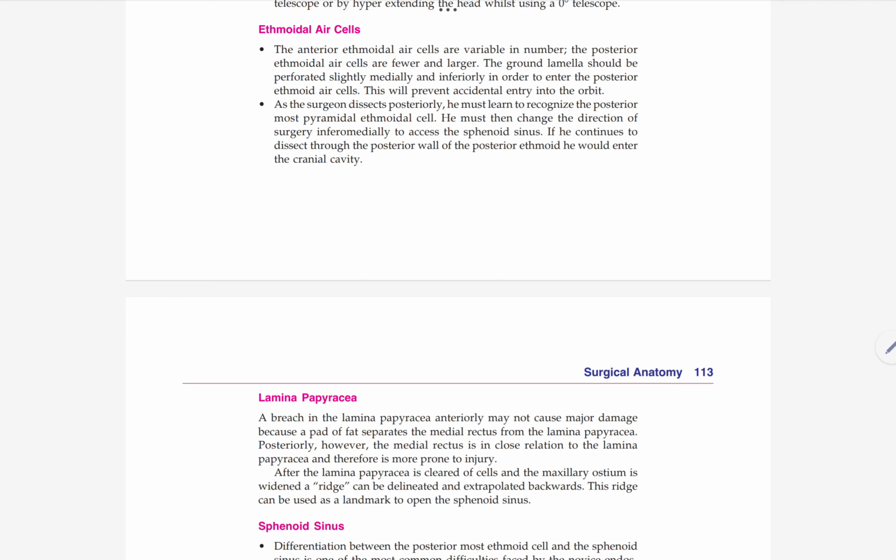As the surgeon dissects posteriorly, he must learn to recognize the posterior-most pyramidal ethmoidal cell. He must then change the direction of the surgery inferior medially to access the sphenoid sinus. If he continues to dissect through the posterior wall of the posterior ethmoid, he would enter the cranial cavity.